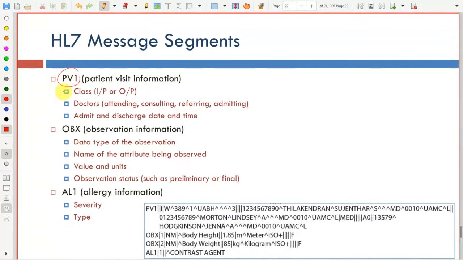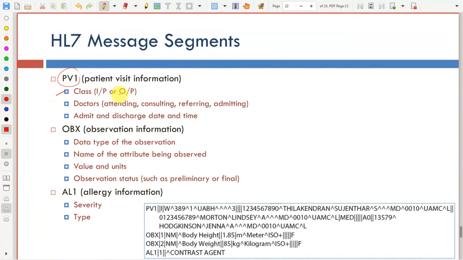Sometimes you have something called PV1, which means patient visit information. It has a class that identifies whether it's an inpatient or outpatient. An inpatient is a patient that resides in the hospital, staying in one of the hospital rooms. An outpatient is like when you go to the medical center, get a consultation from a doctor, and go back home.